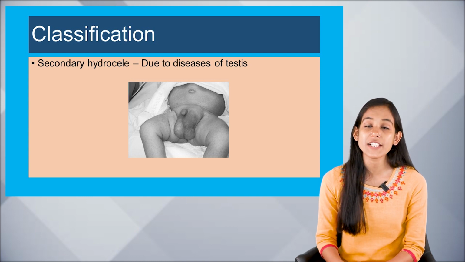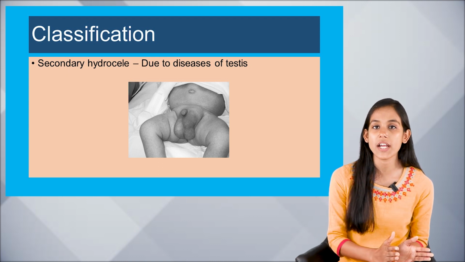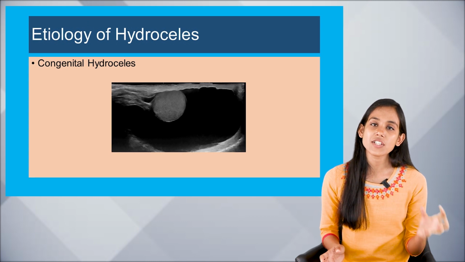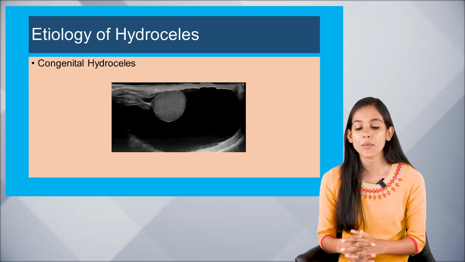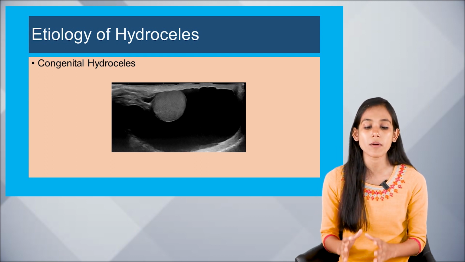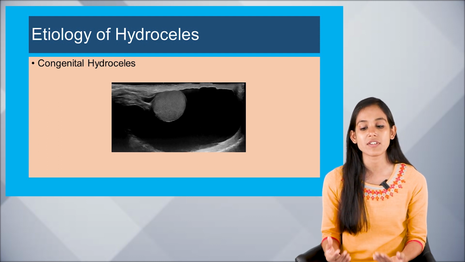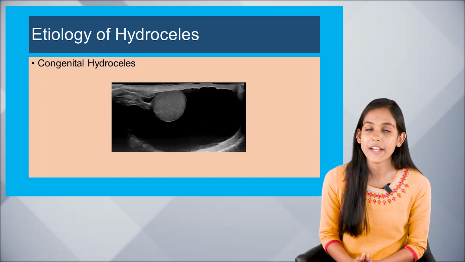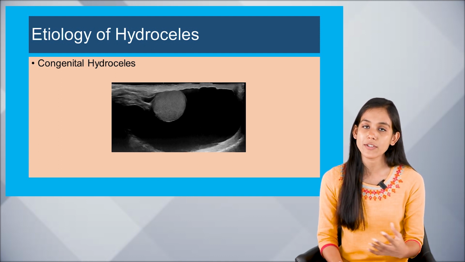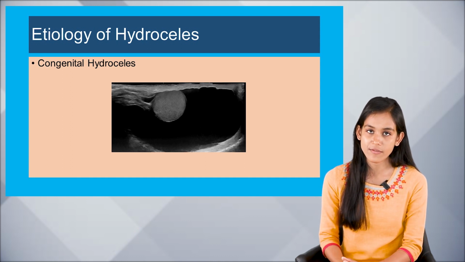Well, next, moving on to the etiologies of hydrocele. Here there can be two things. The first one is congenital, and the other is acquired. So in congenital hydrocele, what happens? With the descent of the testes, the parietal peritoneum forms the processus vaginalis and the cavity of the tunica vaginalis of the testis. Mostly the congenital hydrocele occurs when there is lack of closure of the processus vaginalis.